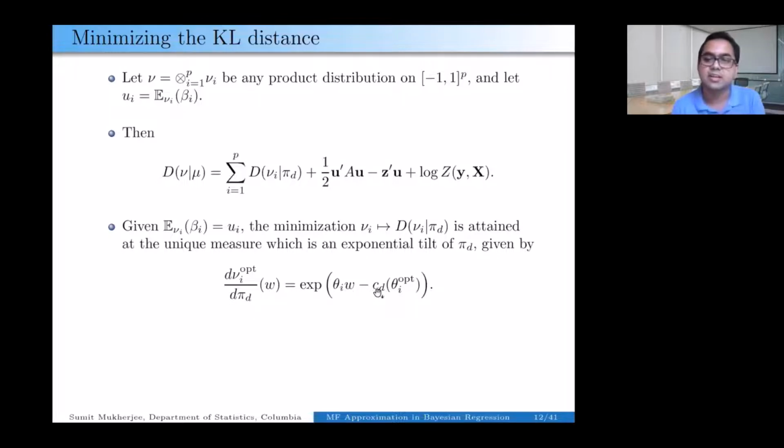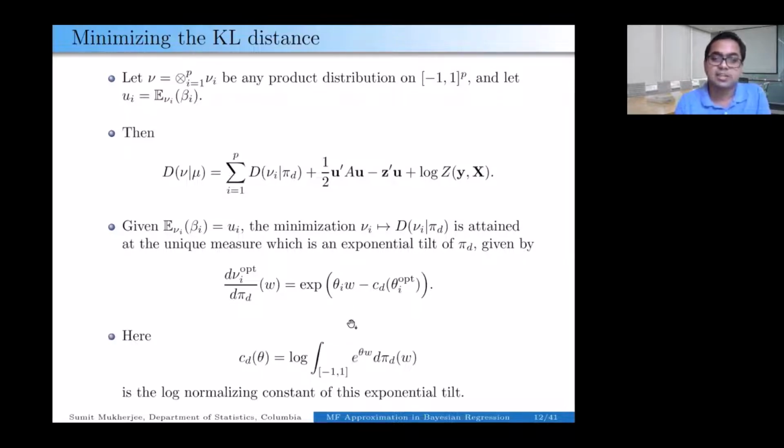You just tilt the base measure pi with respect to theta times beta, but theta has to be appropriately chosen. It's the same theta. Sorry for the typo again. Theta_i should be theta_i^opt in both cases. So there is some theta_i^opt, uniquely characterized, which gives you this optimum.